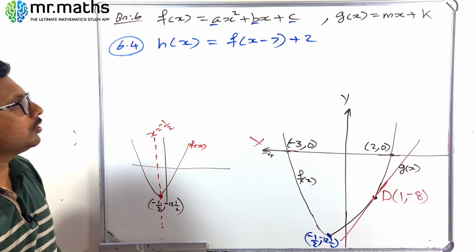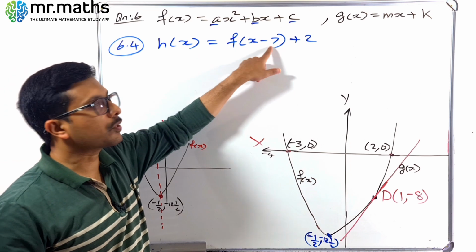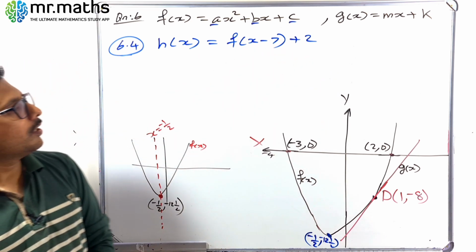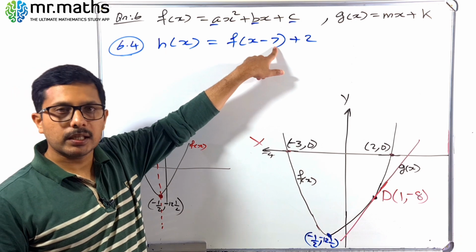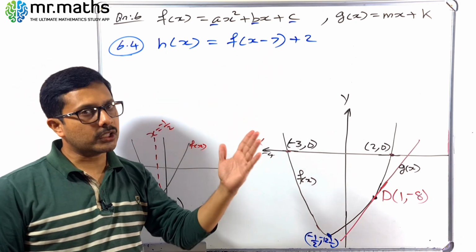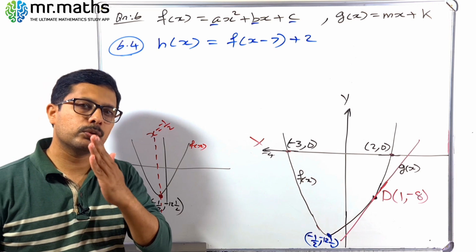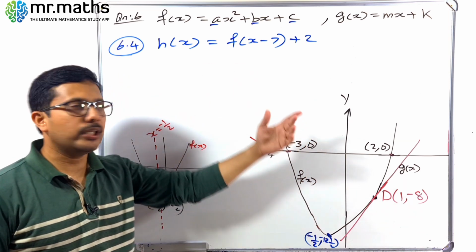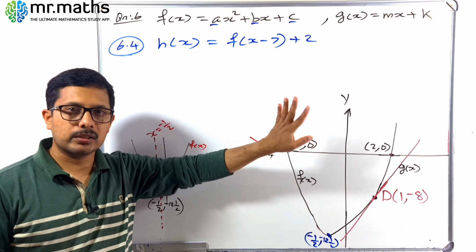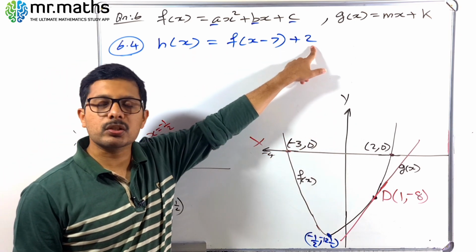And what is that h of x? f of x minus 7 plus 2. What is the meaning of x minus 7? When it is minus 7, it is not shifted to the left, it is shifted to the right. How many units? 7 units shifted to the right. And this plus 2 is just to confuse you.